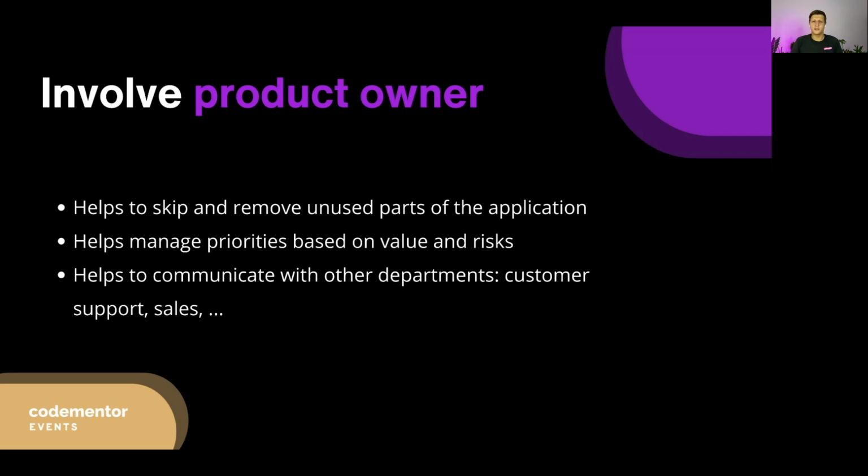The first one is skipping and removing unused parts of the application, because usually a legacy application comes with a lot of useless features. Some parts were implemented and delivered, but are never used anymore. Finding and removing them can significantly speed up the process and simplify the final application as well.